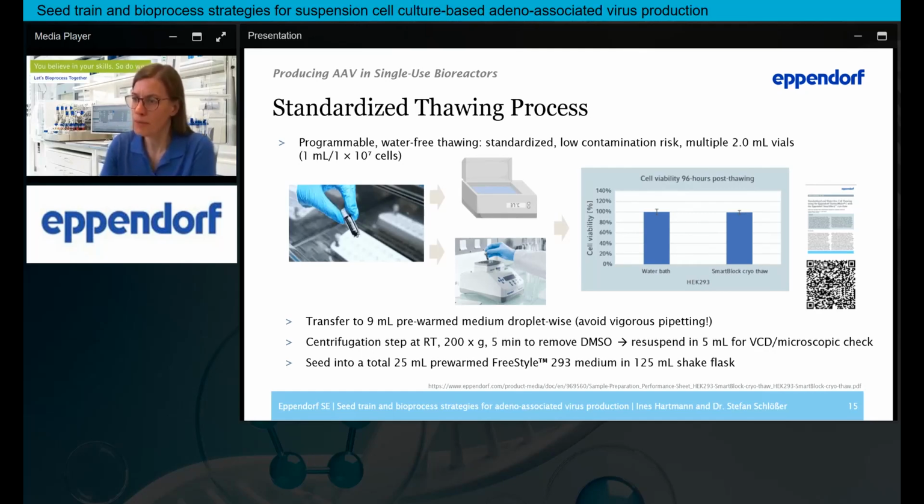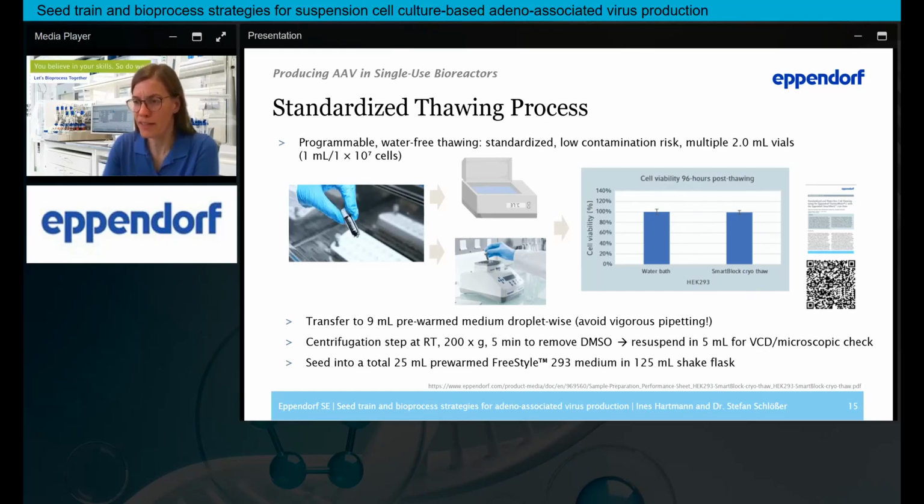Next, that is quite a standard process, so we transferred it to pre-warmed medium. Pre-warming is always a recommendation, and also avoid vigorous pipetting. Droplet-wise, you should add the cells from your vial into the next vessel.